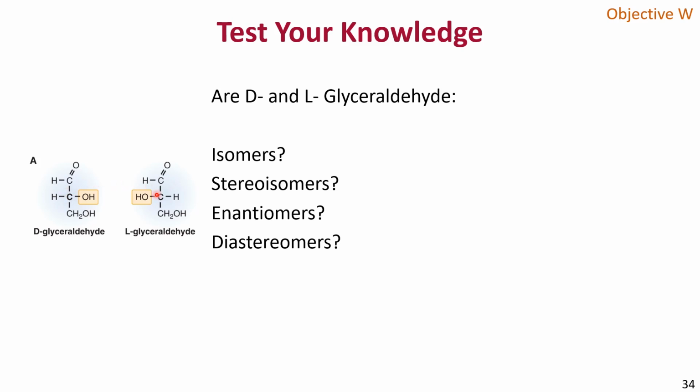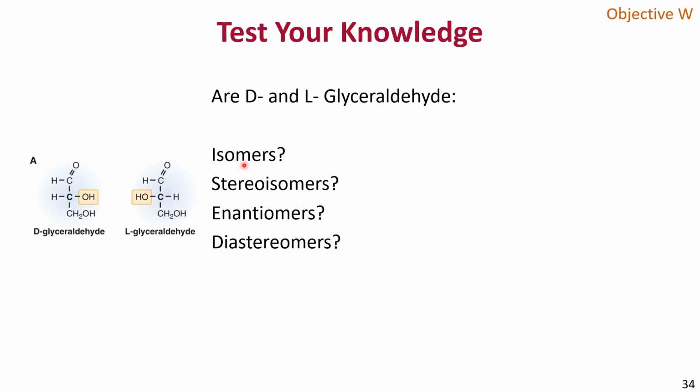And what we can see between the two of them, there is a different configuration of the OH and the H. One is on the left and one is on the right. And so what we see is a molecule that has a chiral carbon. We see a molecule that has a different configuration. So are these isomers, yes or no? Well, we know that they contain the exact same atoms, and we know that they're in different configurations.